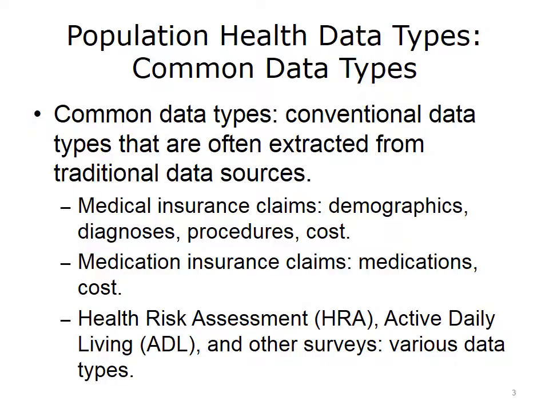Medication claims, which include data types such as medications and their associated cost. And surveys such as Health Risk Assessment, HRA, Activities of Daily Living, ADL, and other surveys that collect various data types for population health research and analytics.